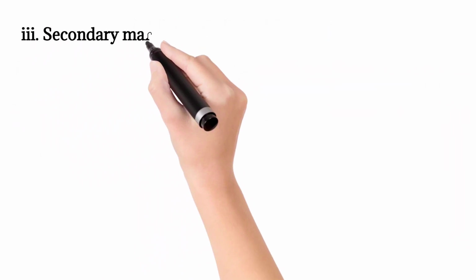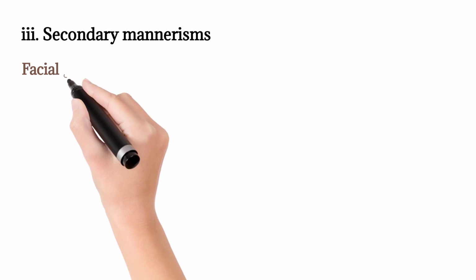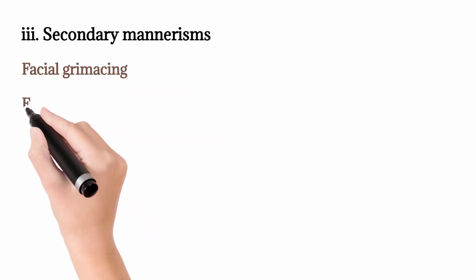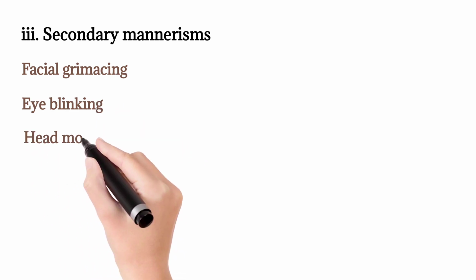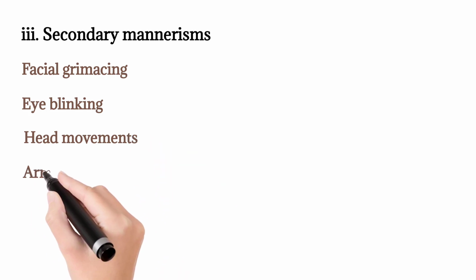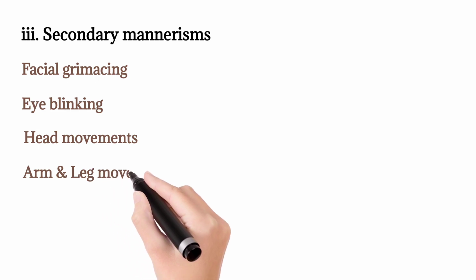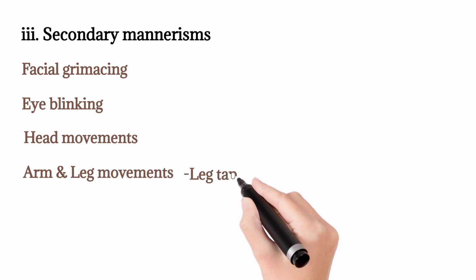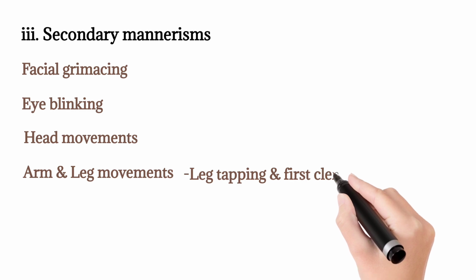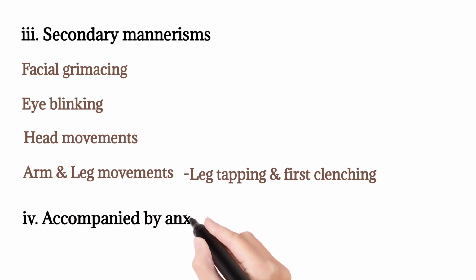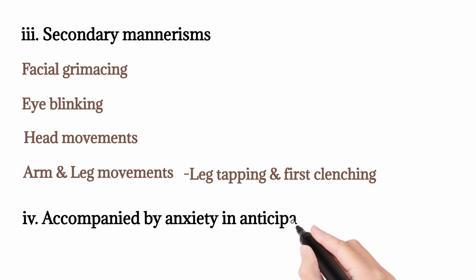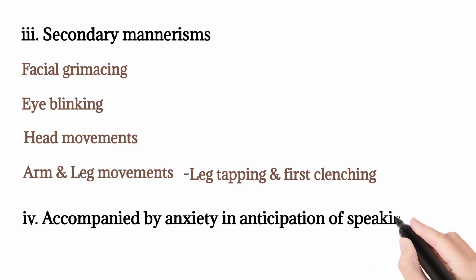Secondary mannerisms are also present, for example, facial grimacing, eye blinking, head movement, arm and leg movement such as leg tapping and fist clenching. It is often accompanied by anxiety in anticipation of speaking and avoidance of speaking.